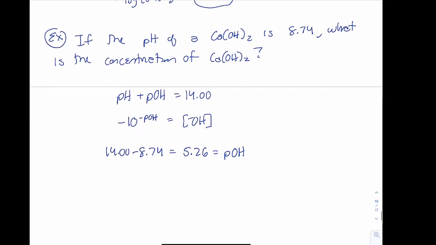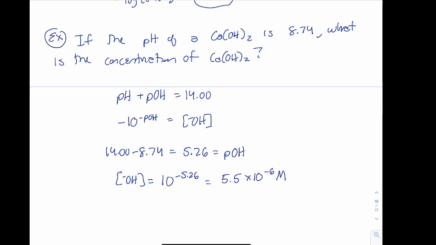And then to get my hydroxide ion concentration, we're going to take 10 and raise it to the negative of that. So when I type that into my calculator, I get 5.5 times 10 to the negative 6 molar.